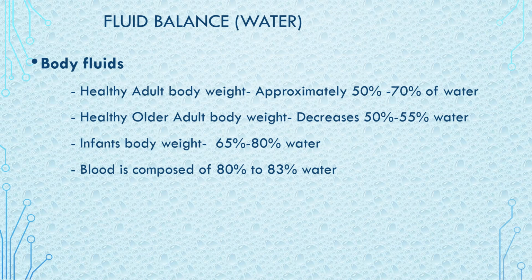Some people may think a person who's overweight or obese may have more water, but no. Think of fat in our body: oil and water repel, so fat would not retain that much water. So the more muscle you have, the higher the percentage of body weight that is water. That's a good note to have.